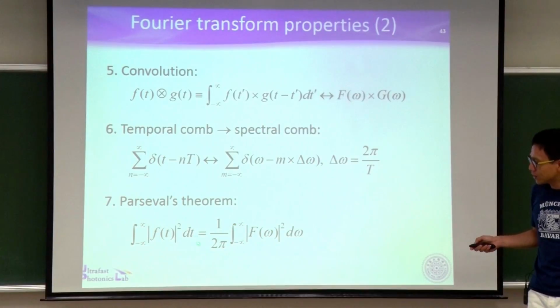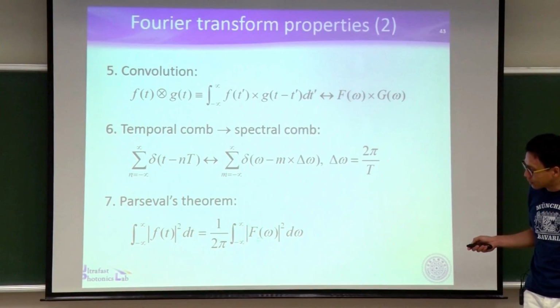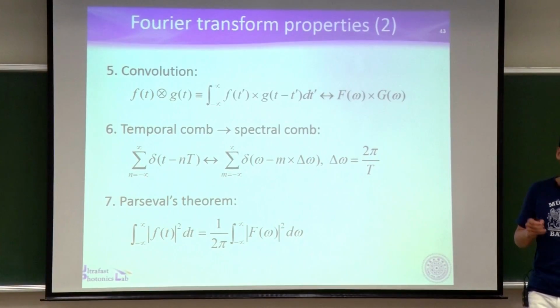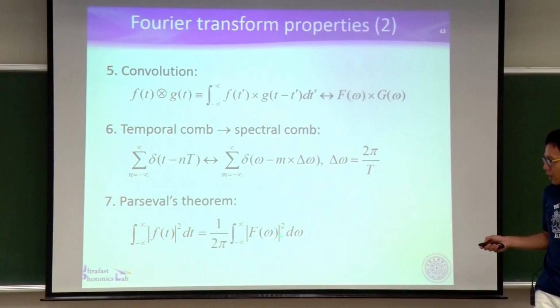So you can easily understand that the meaning of big F absolute square is the power within a small interval of frequencies. Okay, so power per unit frequency, per unit bandwidth.